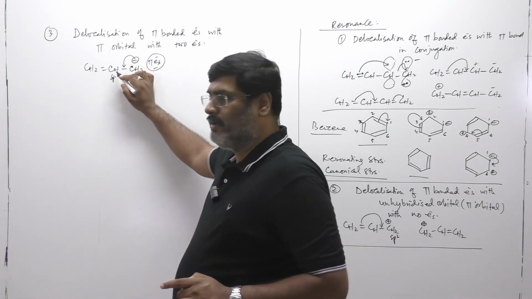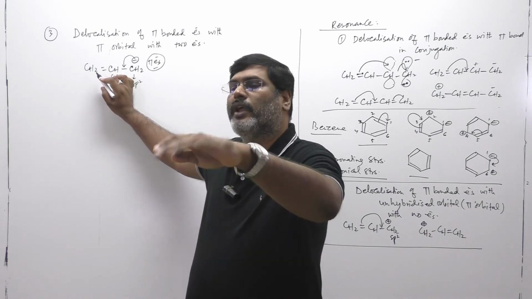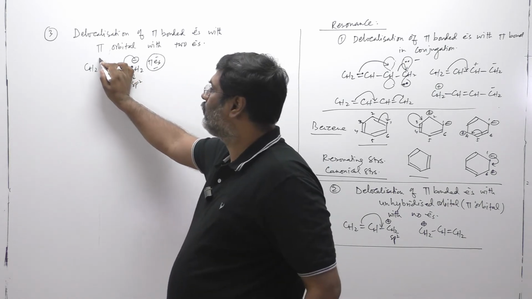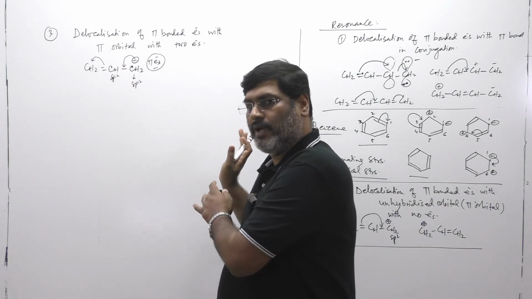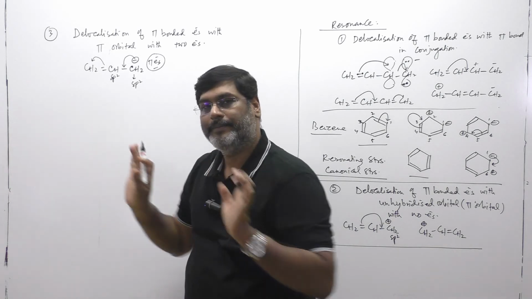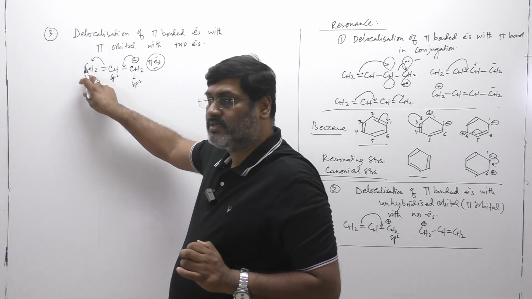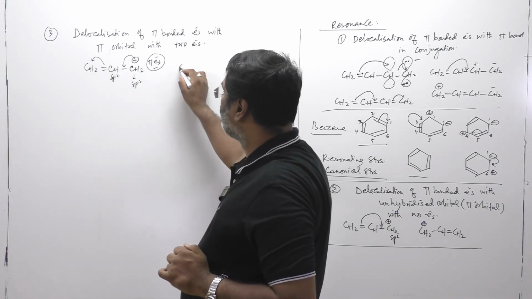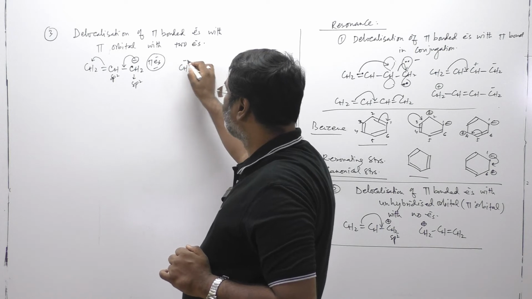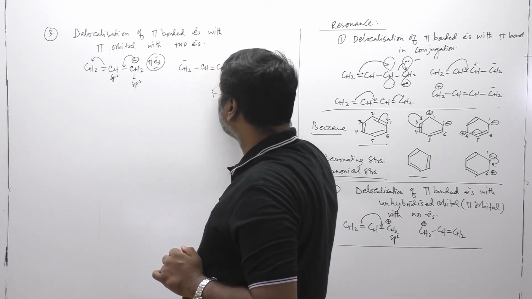If that is giving, then this carbon will advise that you take this pi electron pair. Like this: I am taking from this one, so you take mine. It will be pushed there, then there will be negative charge. So this one is ready now to accept electrons. So the resultant one is now CH2 minus CH double bond CH2.